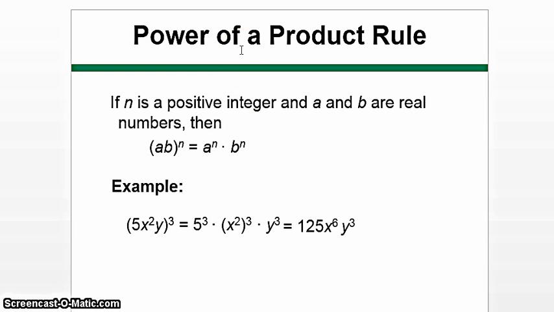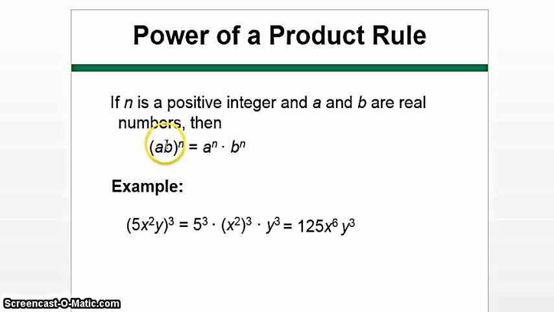Power of a product rule: if n is a positive integer and a and b are real numbers, then ab whole to the power n equals a to the power n times b to the power n.